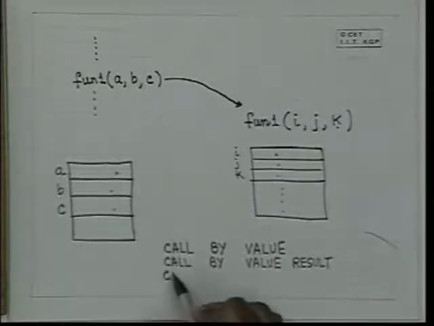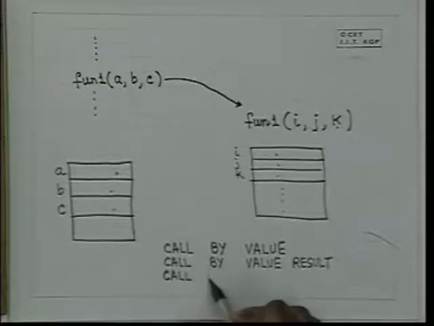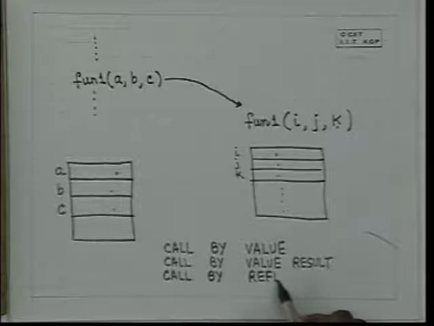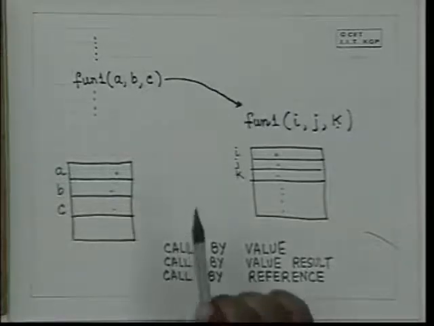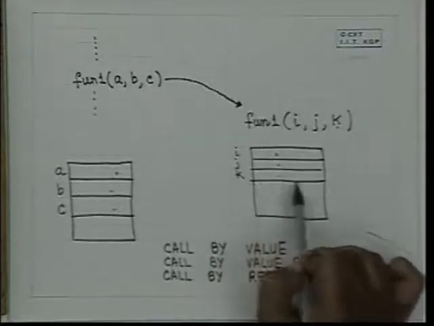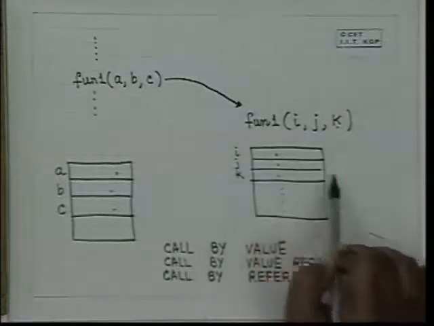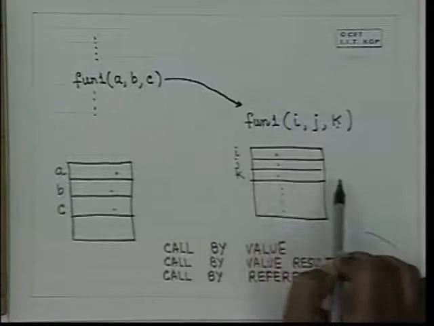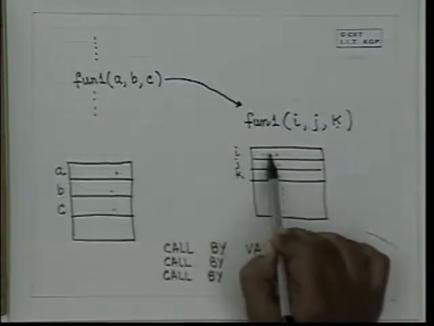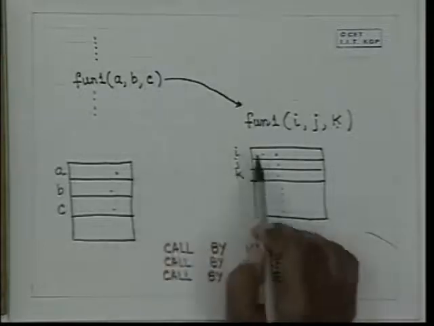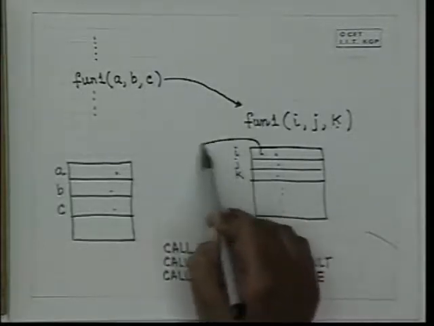And the other one, which is used in Fortran, is called call by reference. What happens here is, instead of these values, these locations are not actual locations, but these contain addresses to this location.